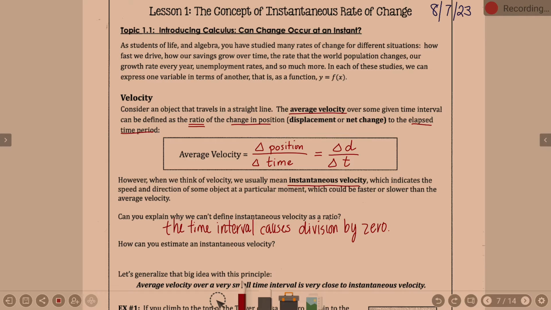We can't have that time period be 0, but we could have it be smaller than 1, very, very small, like 0.001, or 0.00001. Put several zeros in there. So when we talk about estimating instantaneous velocity, you want to make that time interval very small.